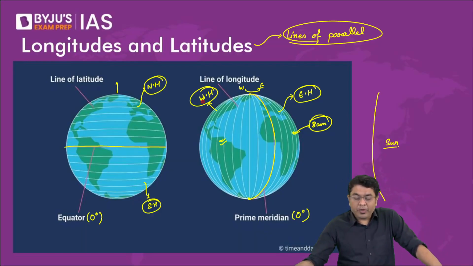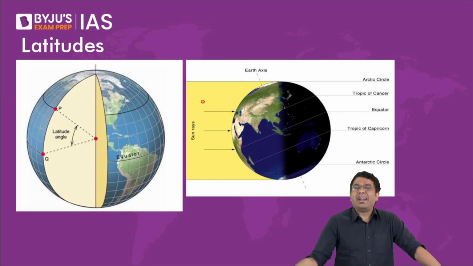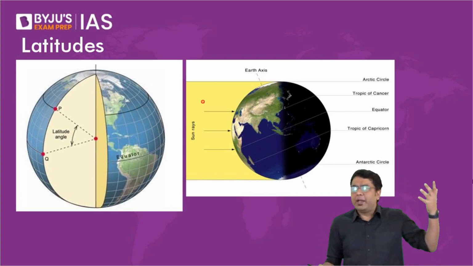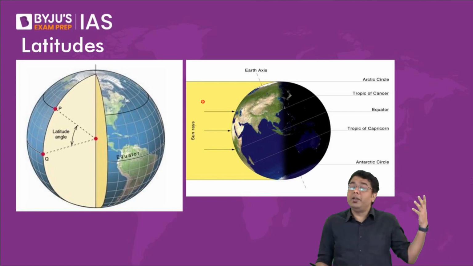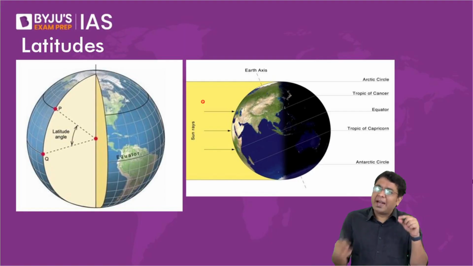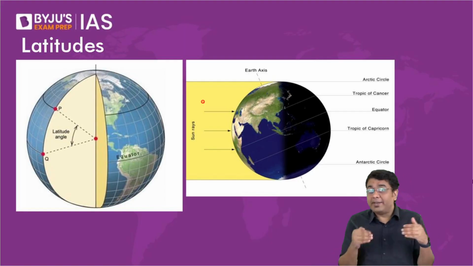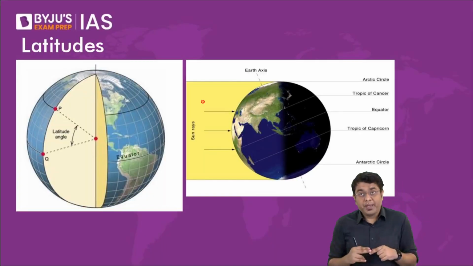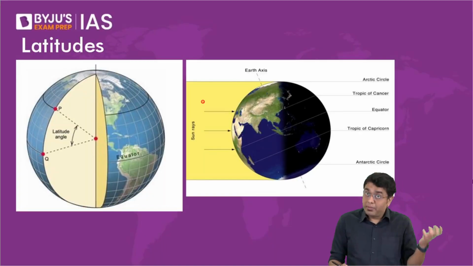Okay. Now here, when we talk about latitudes, how do we measure a latitude? Because you would have heard about 10-degree north, 20-degree south, 30-degree north, 40-degree south. How do we get that? That is calculated considering the position of the equator, the angle made by the equator.